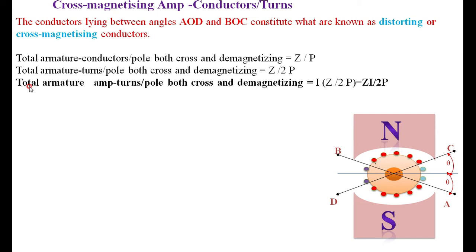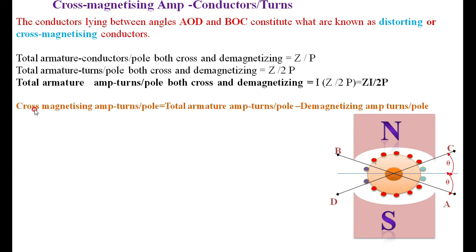Ampere turns means, for turns you have to multiply by ampere. Therefore, for this Z by 2P, I multiply by I. That becomes ampere turns. It is the total armature ampere turns, Zi divided by 2P.